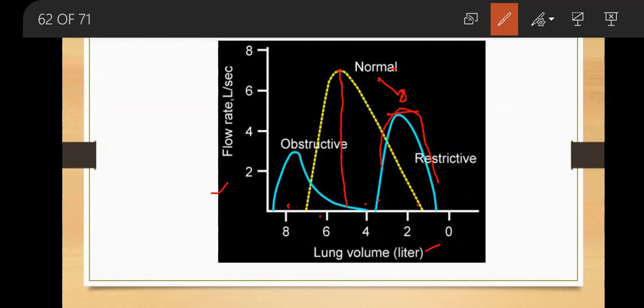But in obstructive lung diseases, there is a severe reduction in the peak of the flow because there is an obstruction of the airways, and we start from a very high lung volume, and the flow stops early at 3 liters as a peak, and the slope is very steep here for the reduction in the flow with the reduction in the lung volume.